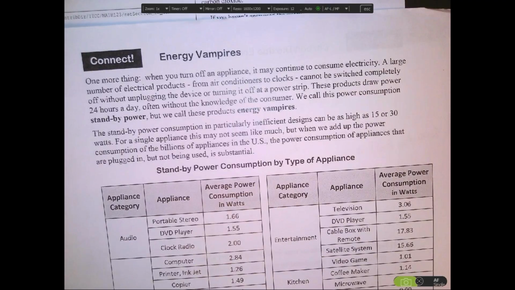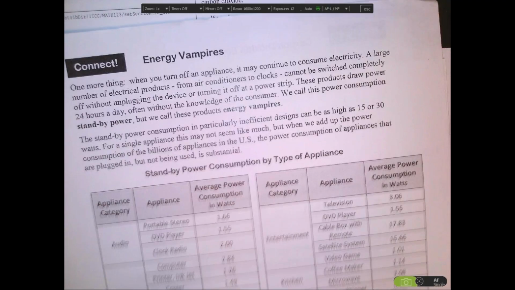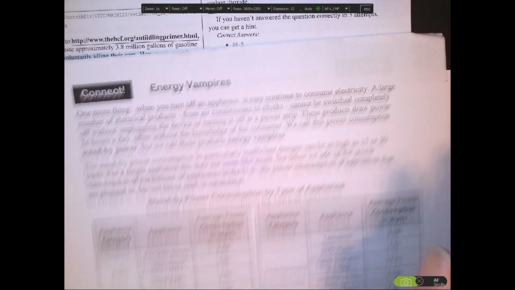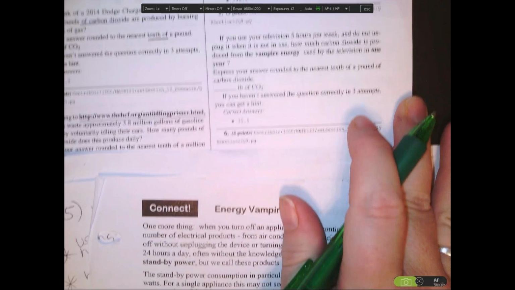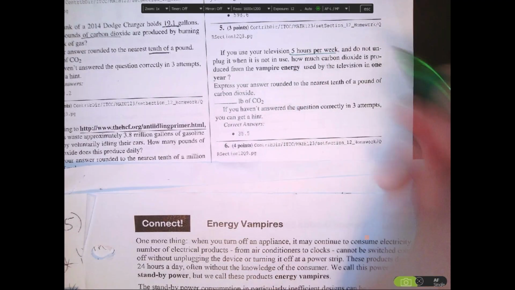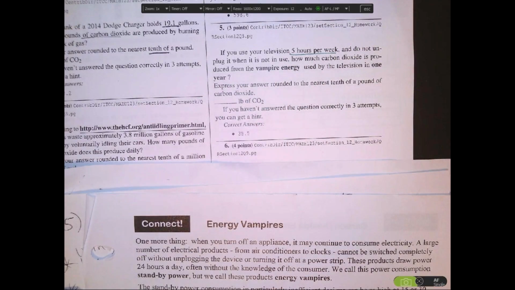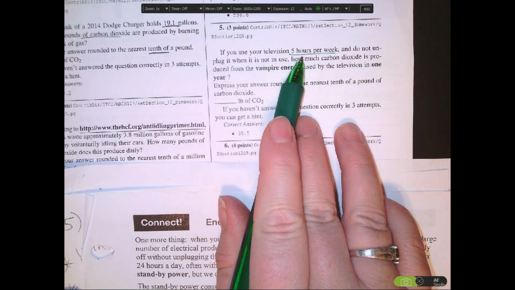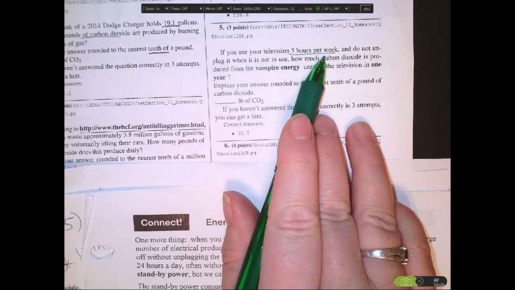And that is what is on this very first problem you have. Because it says the television was used for 5 hours a week. With vampire energy, we don't need this number. That's usage. We need non-usage. So how many hours are in a week?